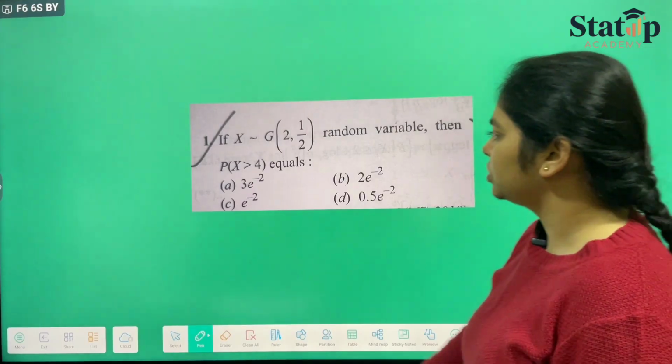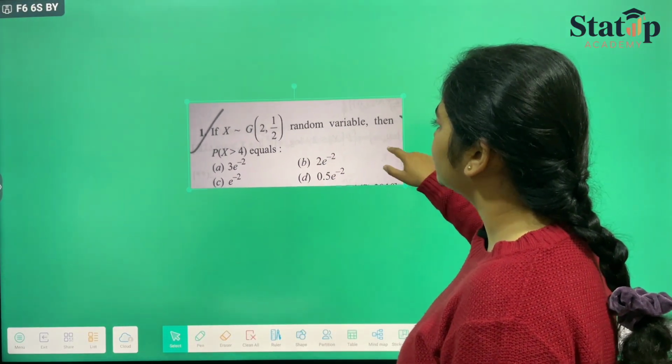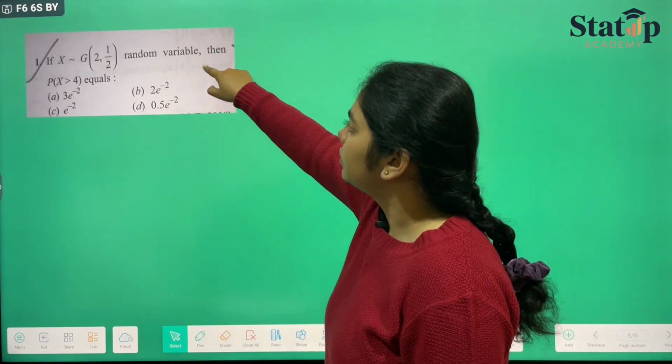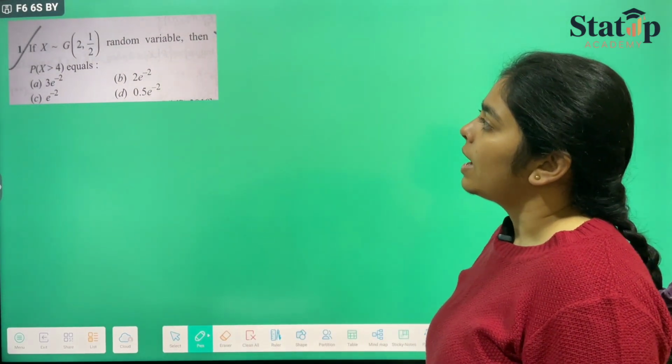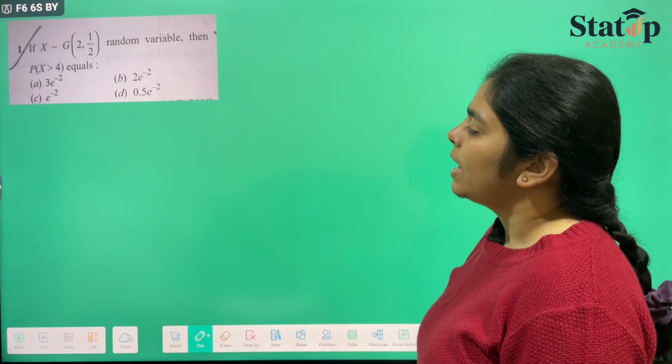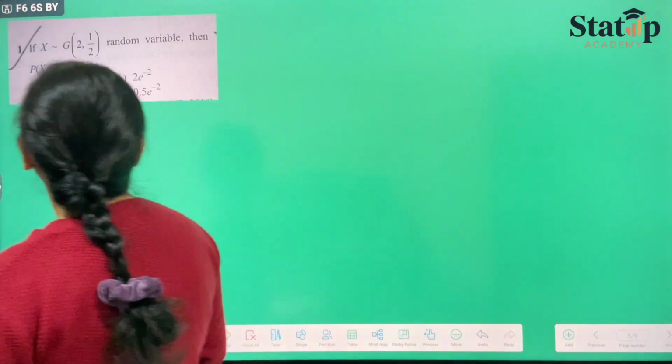So our first question of today, they have provided us that x follows gamma, and they have given the values of lambda and beta, where lambda is 2 and beta is 1 by 2. And they have asked us the probability of x greater than 4.